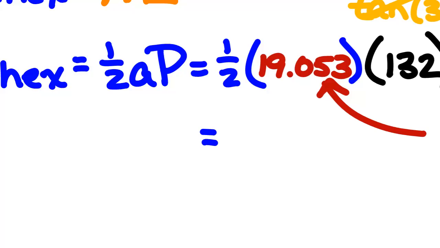So what is the area of my hexagon then? 1/2 times 19.053 times 132.